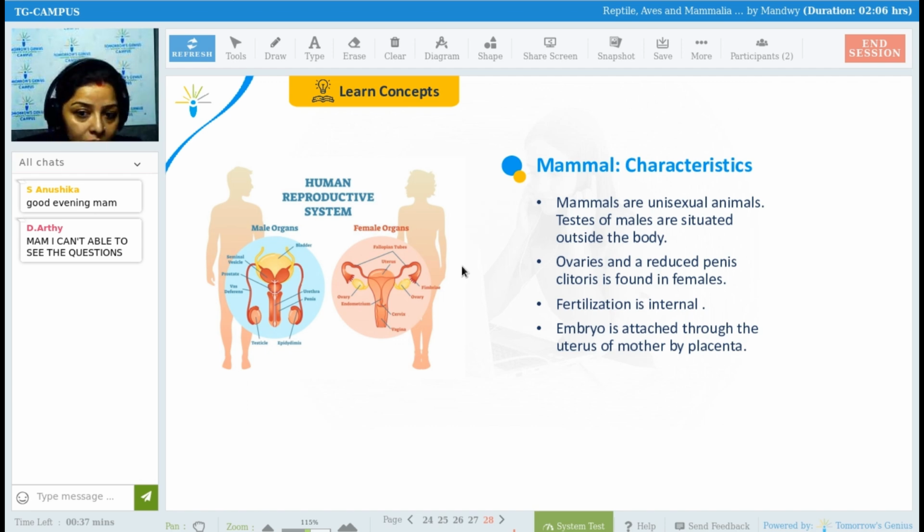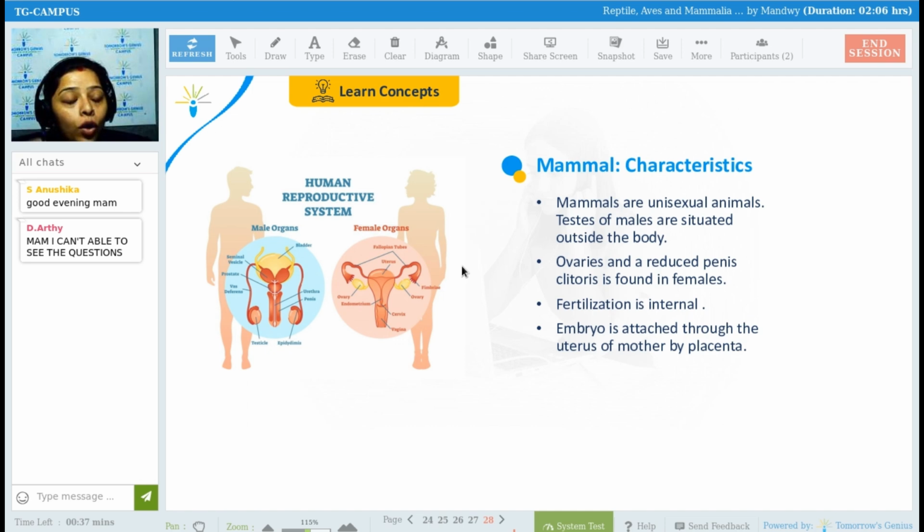Just like birds, mammals are also sexually dimorphic organisms. They are unisexual. In separate bodies, the reproductive organs are located. The special thing is in mammals, the location of the main reproductive organs, testes and ovary, is different.